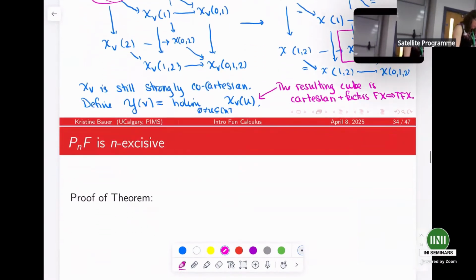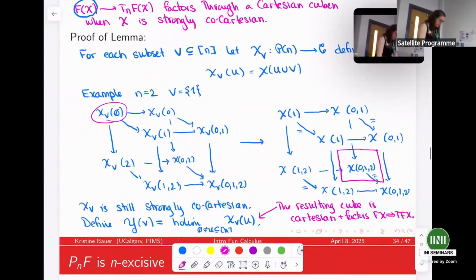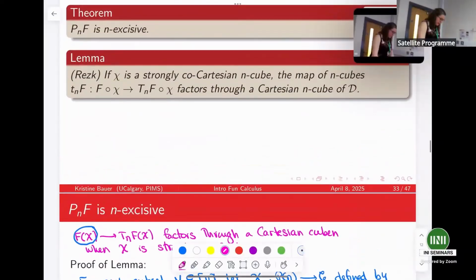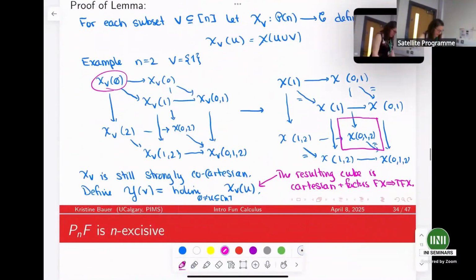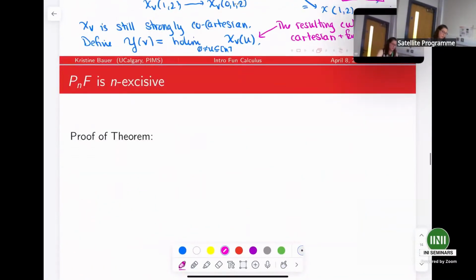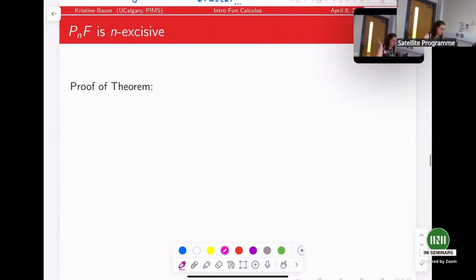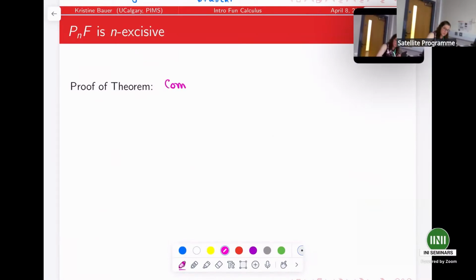Okay. Now, that tells me what the lemma is. Now, how do I prove that Pn F is n-excisive, which I don't have to write again because it is the banner of the slide? Well, to prove that Pn F is n-excisive, what I'll do is compute Pn F of a strongly co-Cartesian cube and prove to you that that's going to come back to a Cartesian cube.